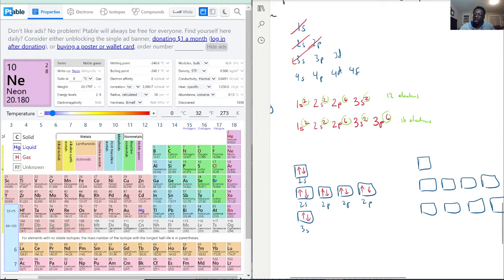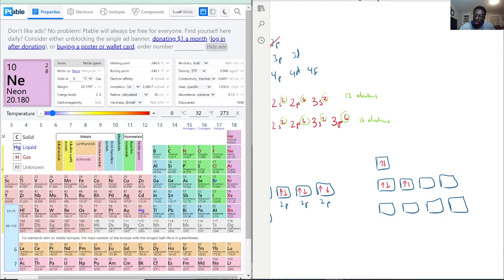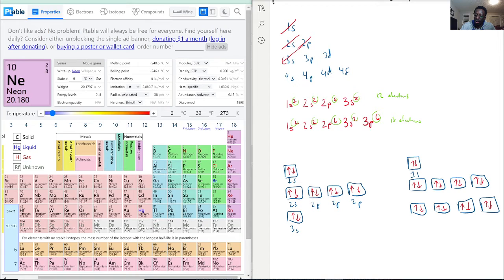For argon, same thing here, 1s2, 2s2, 2p6, and then 3s2, and then 3p, 1, 2, 3, 4, 5, 6. This would be our electron configuration in orbital notation for argon.